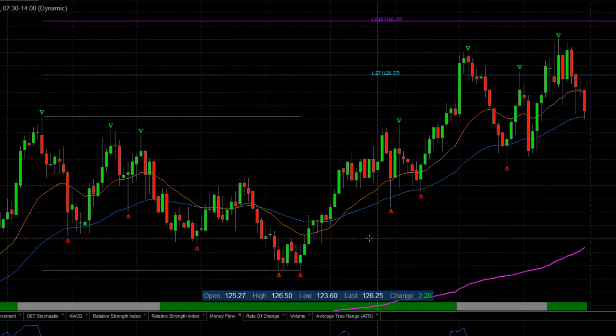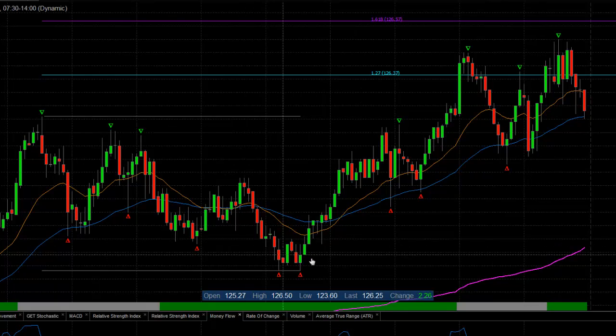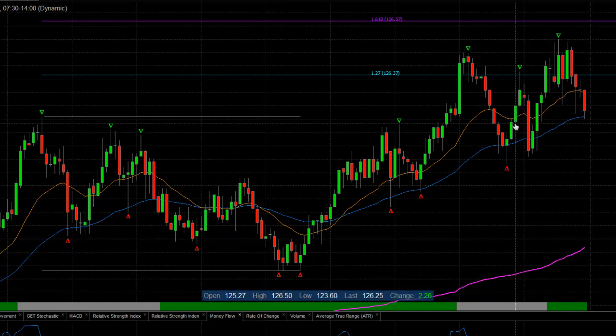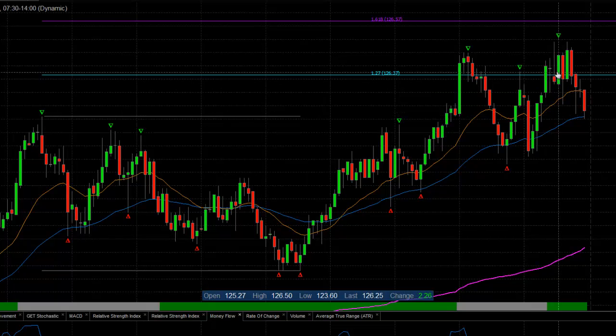The first thing is once you've determined that it's a corrective move and that you're not trending lower, you can flip it around and put a projection on where that wave will potentially end based on this retracement pattern. And that gave me a target of 126.37 to 126.57.